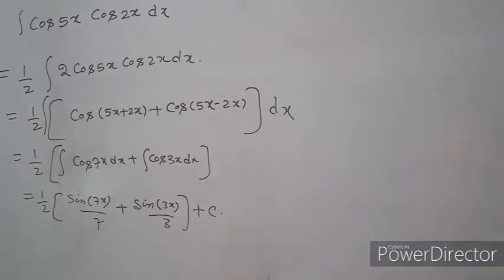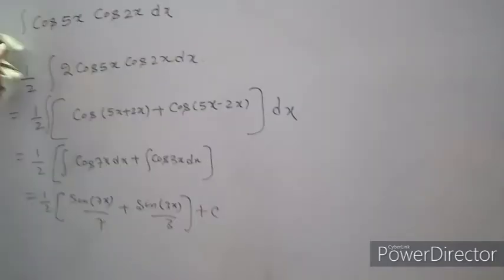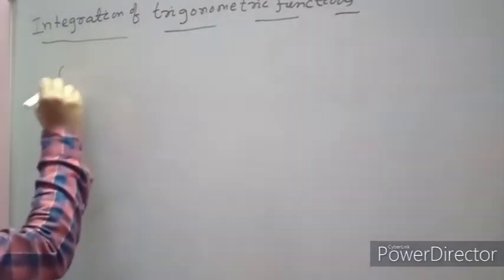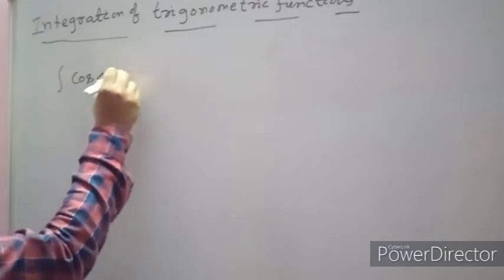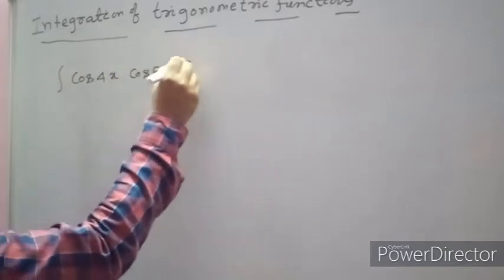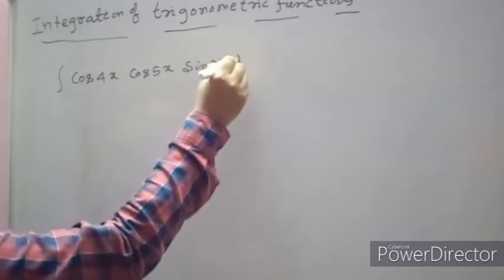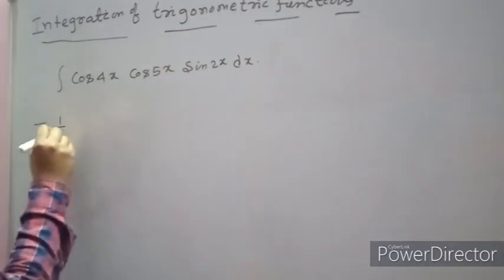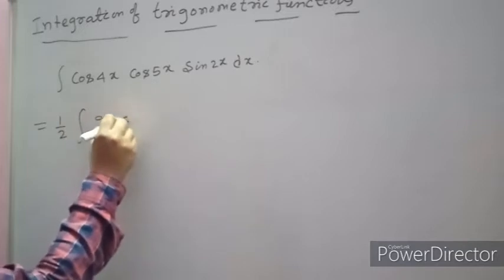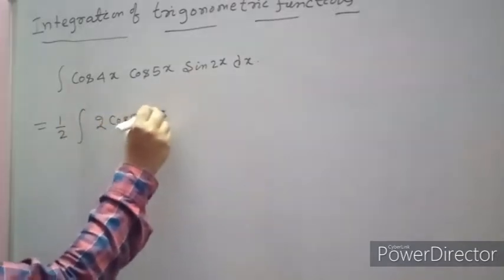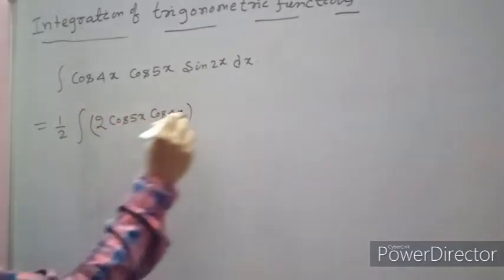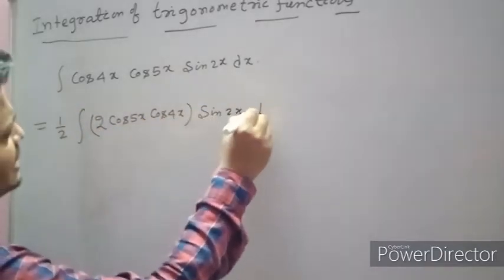Now let us work out a bit more complex exercise. Integration cos 4x cos 5x sin 2x dx is equal to 1 by 2 integration 2 cos 5x cos 4x sin 2x dx.